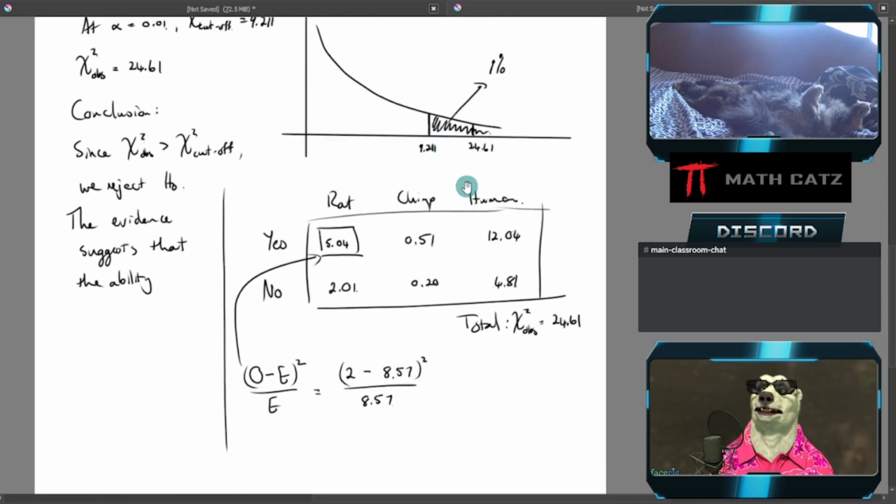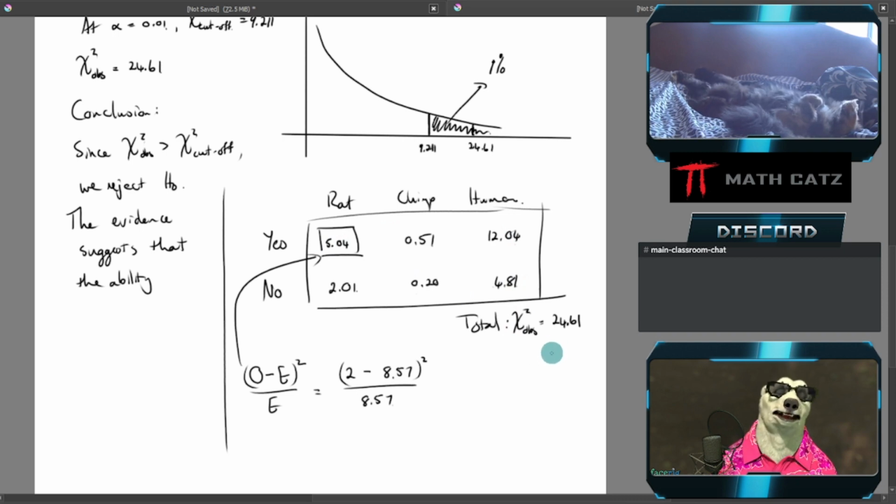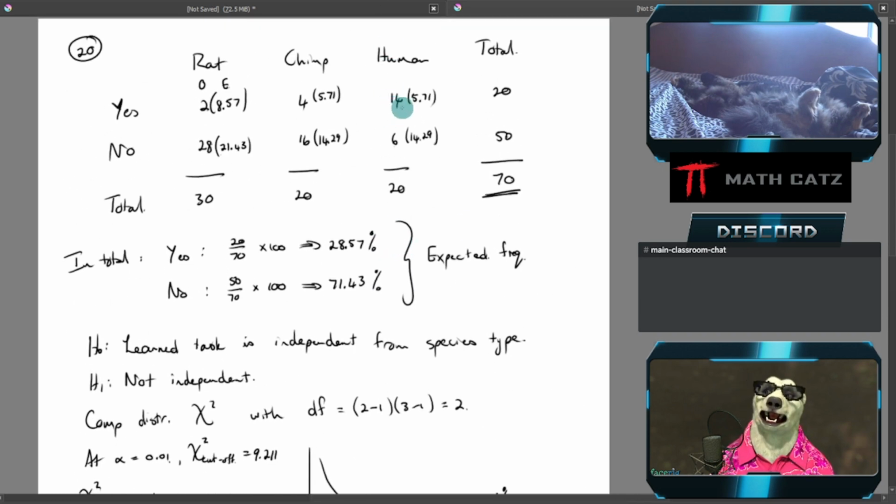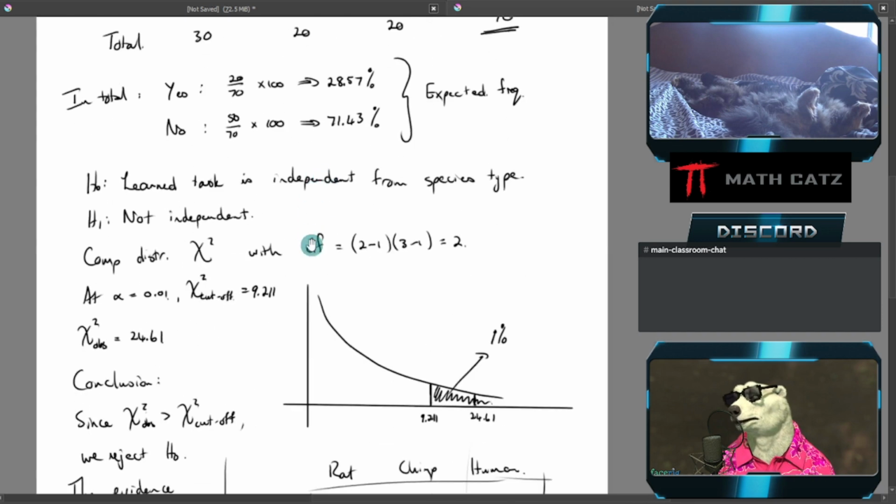And the human numbers specifically are the big contributions to this larger chi-squared score or statistic, which corresponds to the fact that the human scores deviate quite a lot from the expected scores.